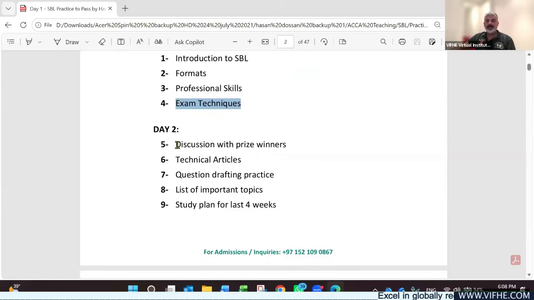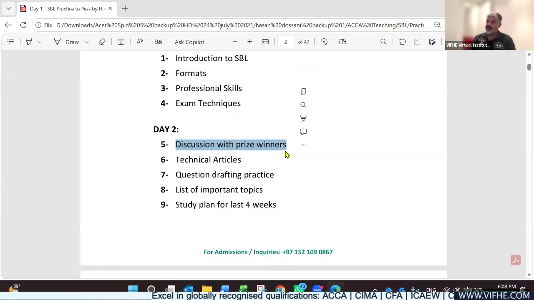And then tomorrow we will start with a discussion on the prize winning students. I will invite 1 or 2 high scoring students in tomorrow's session so that we can understand what was their study plan, what was their approach, and why they scored such high marks.